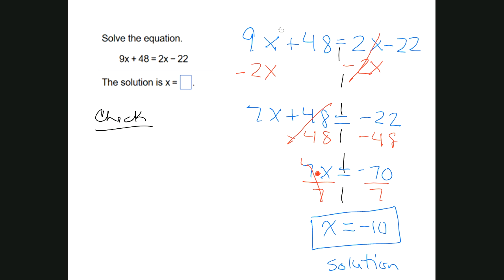I'm going to replace the x's with a negative 10. I'm going to put a question mark here because we're checking to see if the left side will equal the right side when we're done.